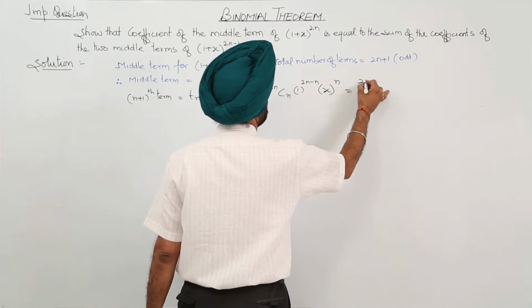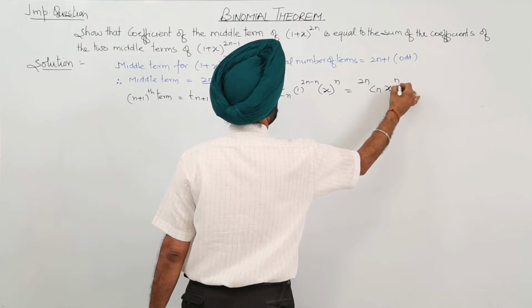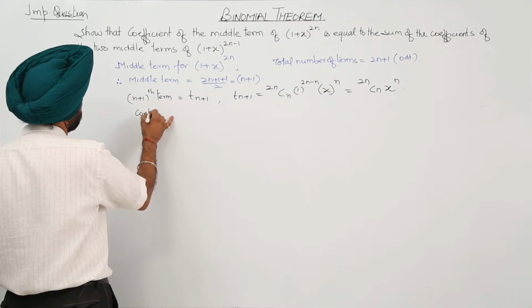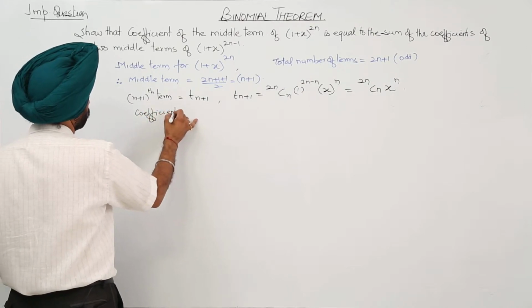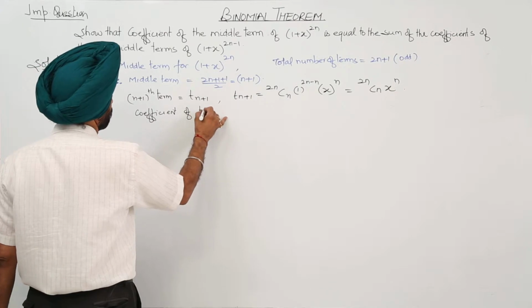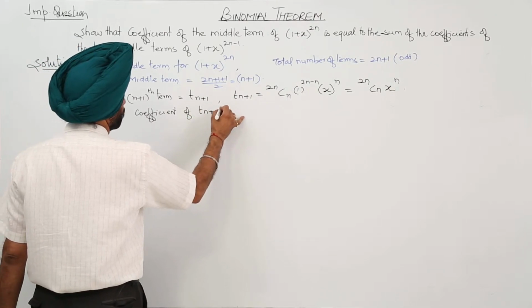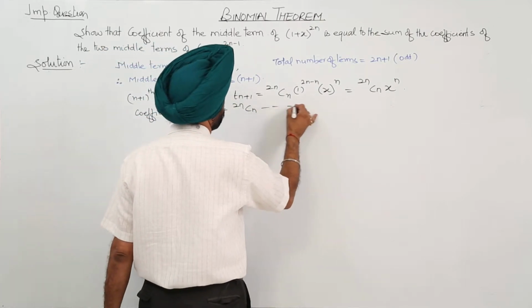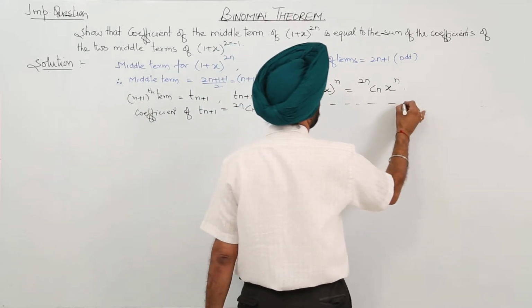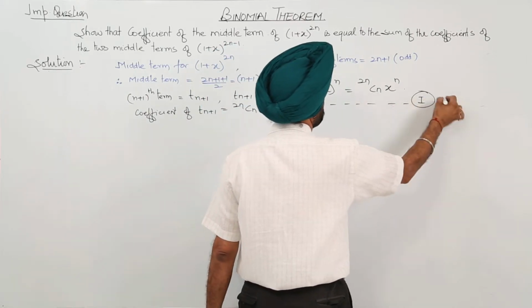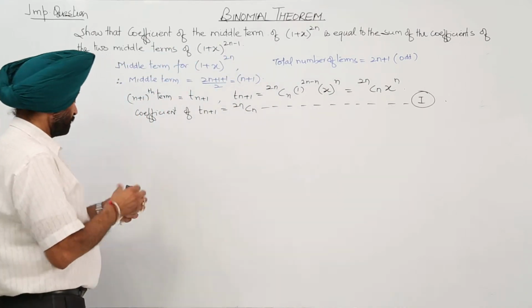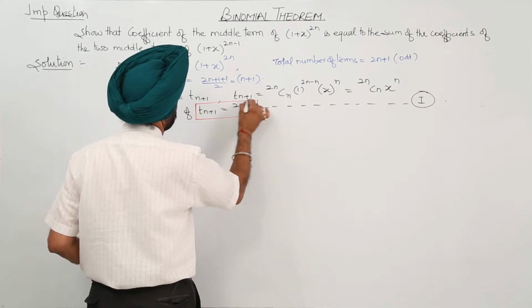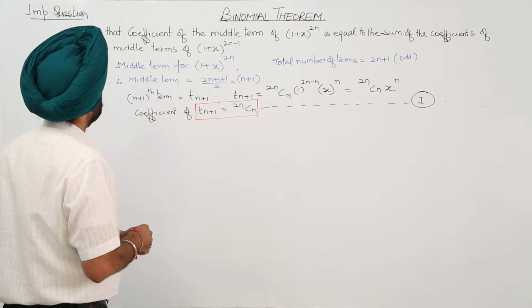So this is equal to 2nCn x^n. Now the coefficient of T(n+1) is equal to 2nCn. This is one thing. Okay. Now for the second part.